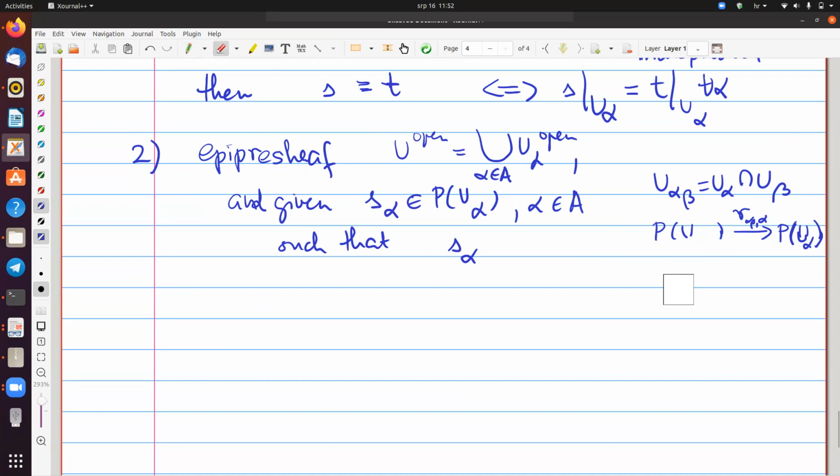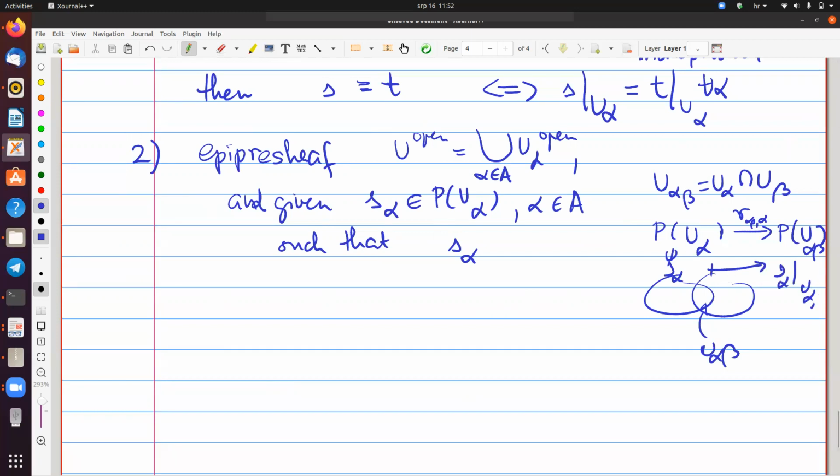It was correct. U alpha is bigger. Before I was thinking in terms of indices, and then I started who is bigger, and then alpha beta looked bigger than alpha. No, U alpha beta is intersection. You see, this is U alpha beta, and so if S alpha is here, I can restrict it here to S alpha restricted to U alpha beta.